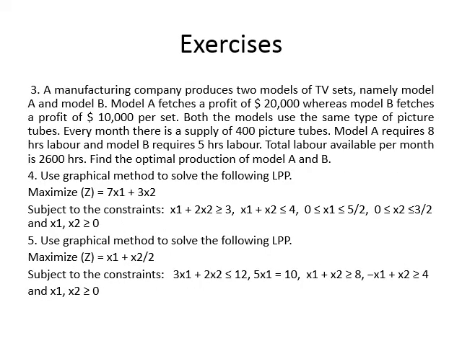Exercise 3. A manufacturing company produces 2 models of TV sets, namely Model A and Model B. Model A fetches a profit of 20,000, whereas Model B fetches a profit of 10,000 per set.